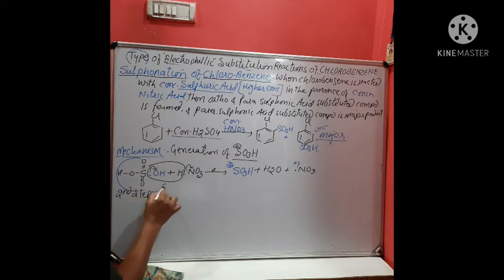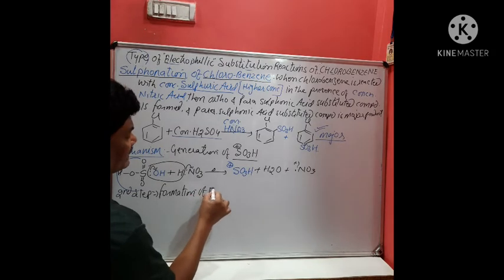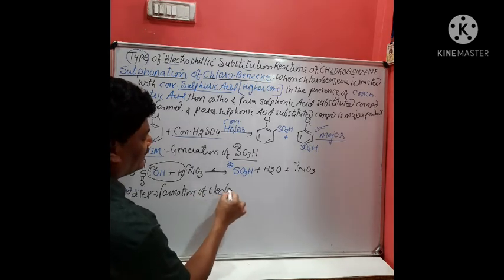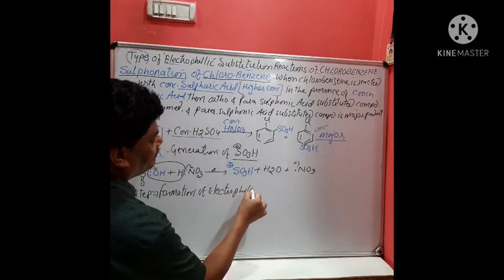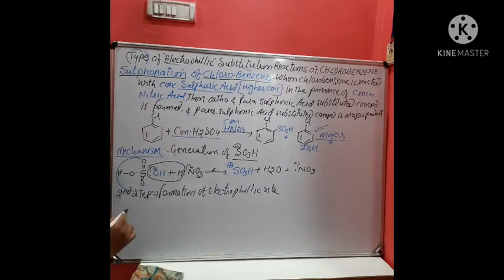Formation of the electrophilic site, as we have checked in the previous mechanism. So the electrophilic site on the benzene ring. This is our Cl. This shows H. Okay.